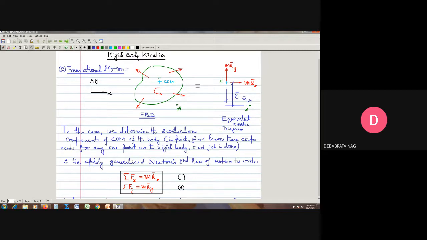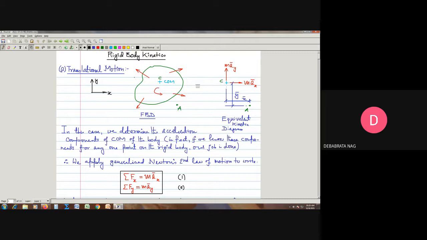And we know, so far as the translational motion of a rigid body is concerned, that this translational motion can be of two types. One is called the rectilinear translational motion, in which the entire rigid body is observed to move along a straight line with velocity uniform or non-uniform.